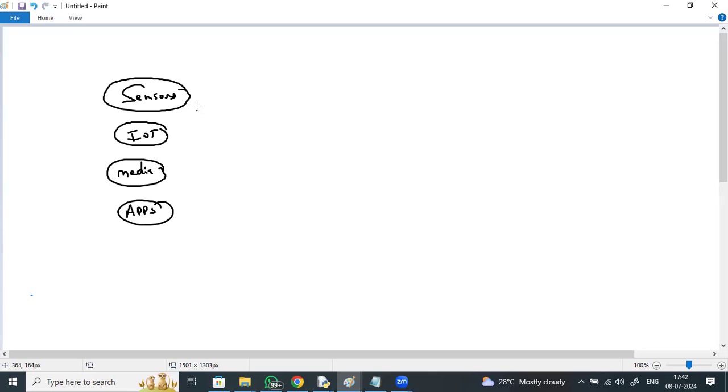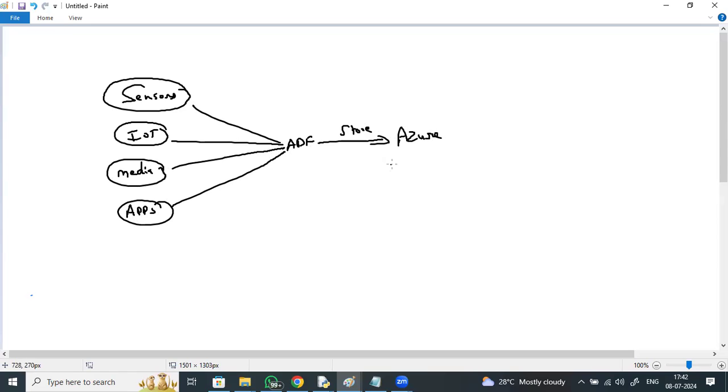From all this, using this ADF, it's going to store in Azure Data Lake.